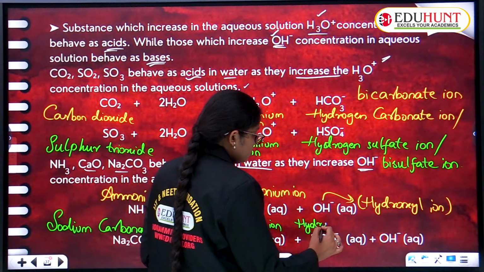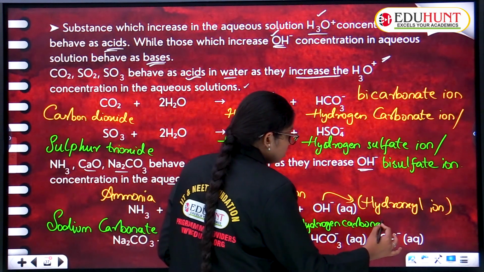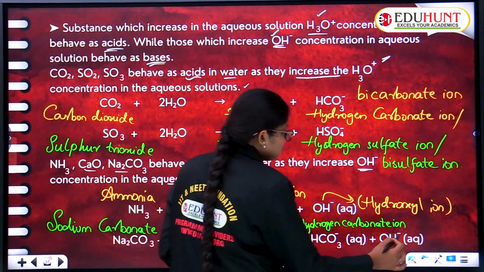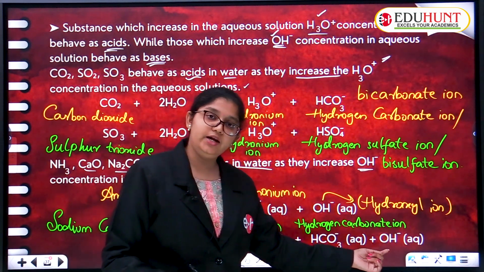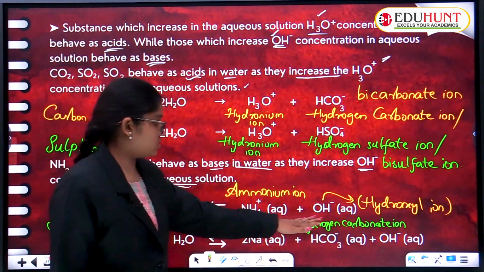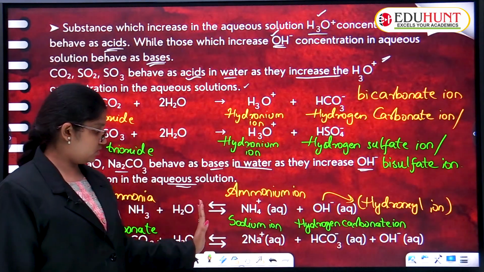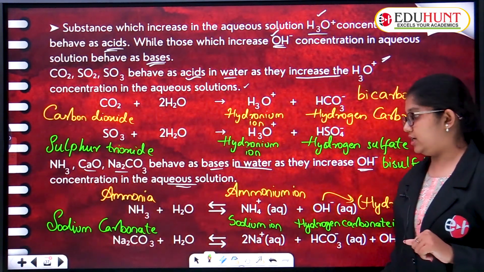Hydrogen carbonate ion, also called bicarbonate ion. Very good. And OH minus is a hydroxyl ion, respectively in aqueous solution. So all these are aqueous. Please observe, in aqueous solution it gives rise to the OH minus concentration. So these are regarded as bases.